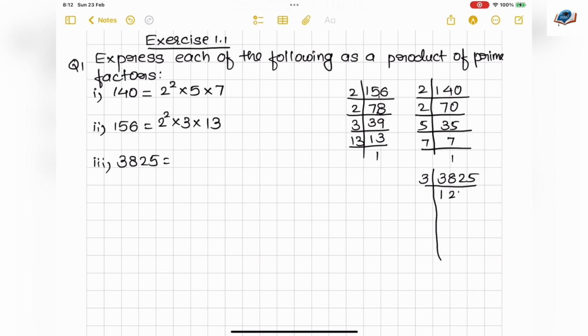So 3 ones are 3, 3 twos are 6, 2 remainder, and so on, 1275. Now 1 plus 2 plus 7 plus 5 is 15, so with 3 again, 425. Now it is not going with 3, so with 5: 5 eights are 40, 85. So 5 fives are 25, so 17, 17 ones. So it will be 3 square into 5 square into 17.